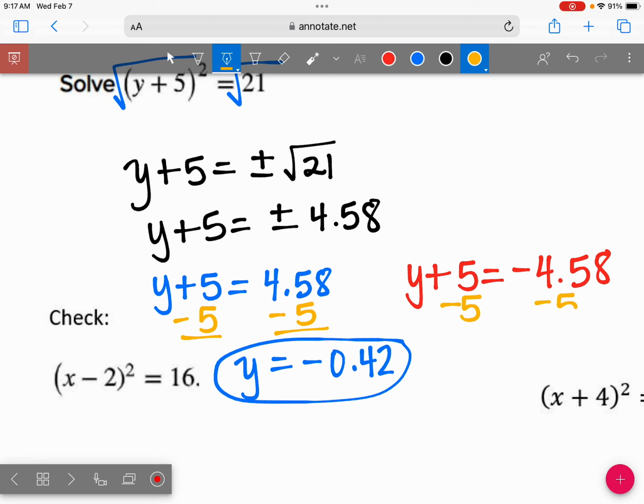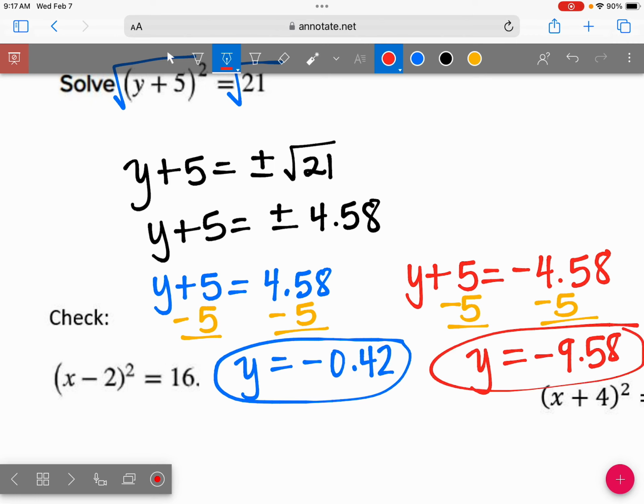Subtract the 5. So put negative 4.58 minus 5. And you should get negative 9.58. And that would be your two solutions. All right, any questions about how we did that?